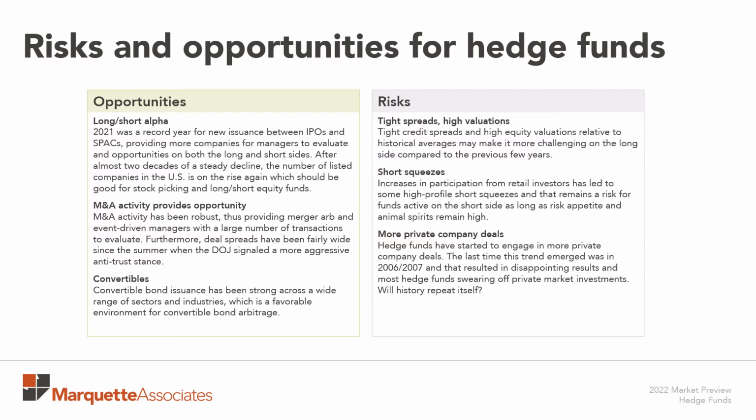M&A activity continues to be very robust, providing lots of opportunities for merger arbitrage managers. And convertible bond issuance was very active in 2021 and likely will continue to be so in 2022, giving lots of opportunities for convertible bond managers.